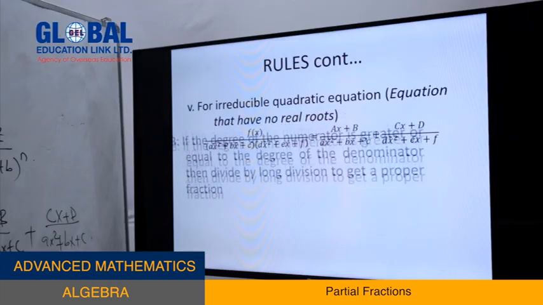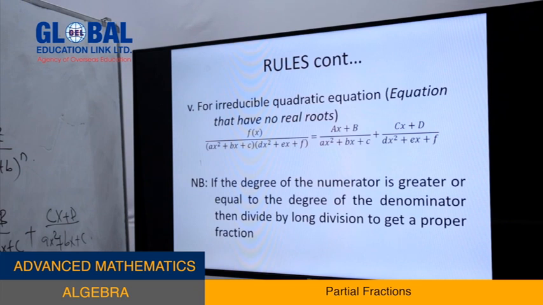Now remember, if the degree of the numerator is greater or equal to the degree of the denominator, then you have to divide by long division so that you can have a proper function.